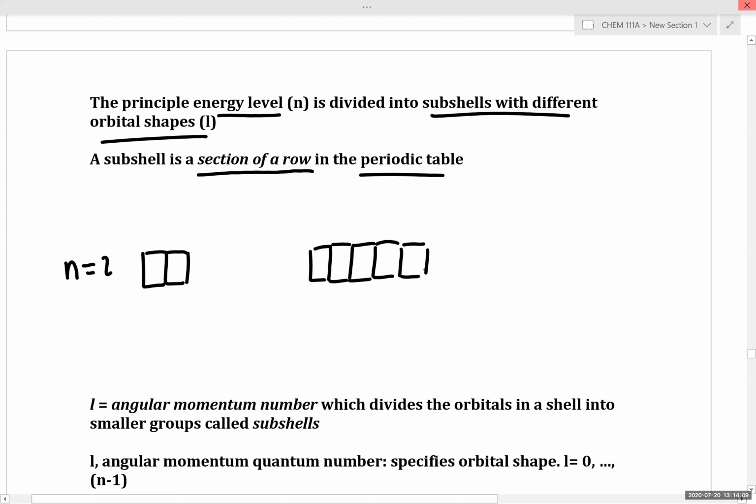This n equals 2 shell is divided into two subshells, the l equals 0 or the s block, which is our first two elements in that row, and then the l equals 1 or the p block subshell, which is the last 6 elements.